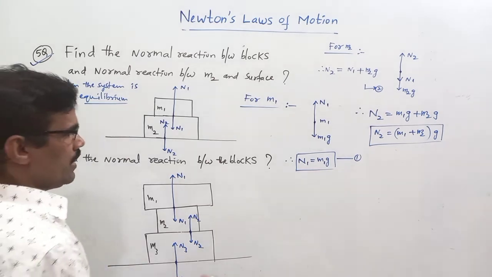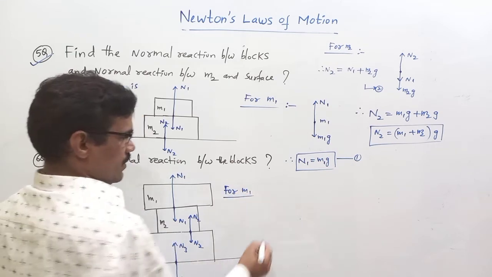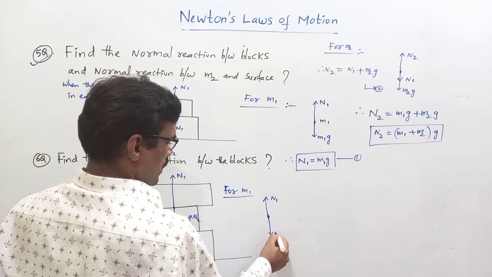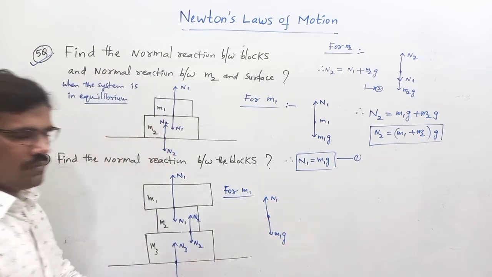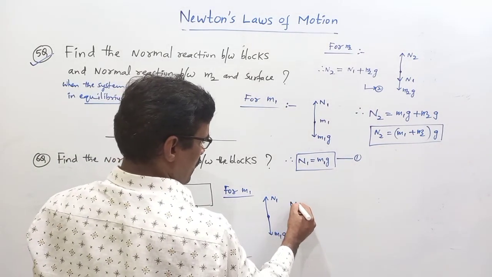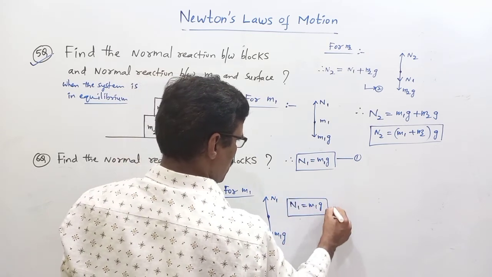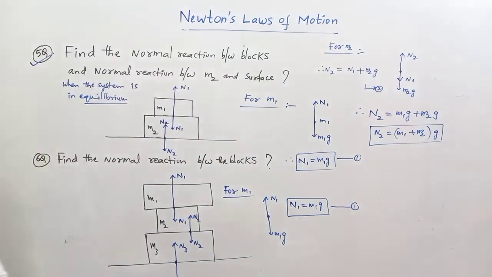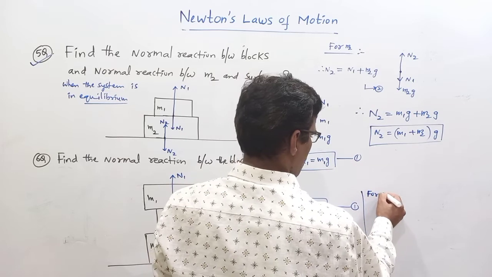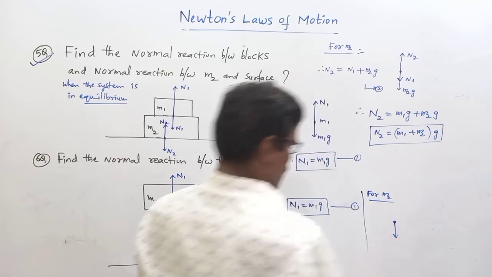Okay. Then free body diagram. We get the answer. Free body diagram for M1. Here, N1 is up. Therefore, M1G is down. It is in equilibrium. Therefore, your answer is N1 is equal to M1G. This is equation 1. Then what about M2? Similar thing. This is M2. What forces are acting on M2?